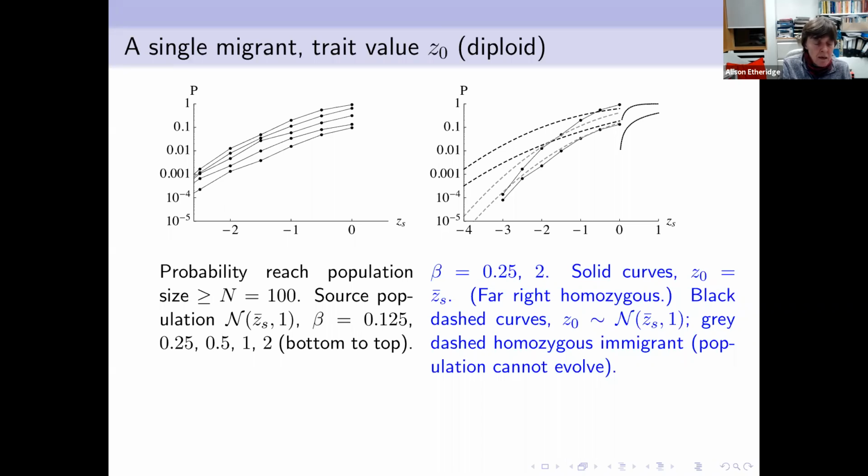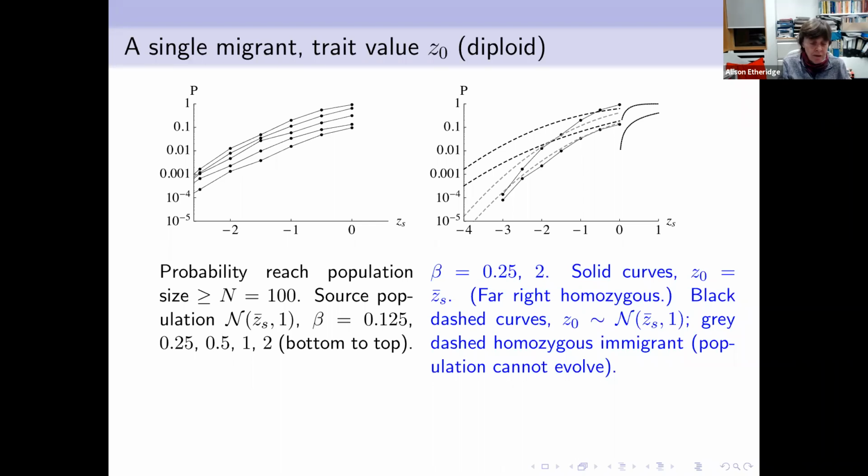So this is the mean trait value in the source population. And we're supposing that's negative, and that, in order to get growth, you need a trait value of at least 0. So we're really asking, what's the chance we can overcome the fact that we're really poorly adapted to our environment, but we've got adaptation going on, and we've also got a certain randomness because our immigrant was sampled from a normal distribution, so it won't have trait value exactly Z_S bar.